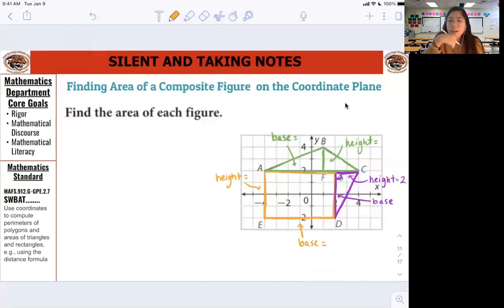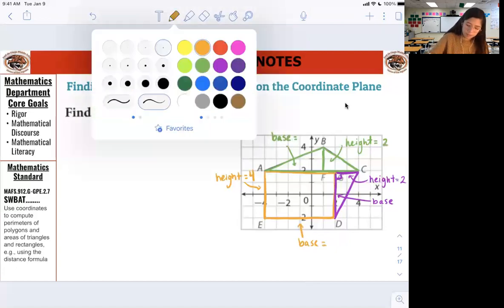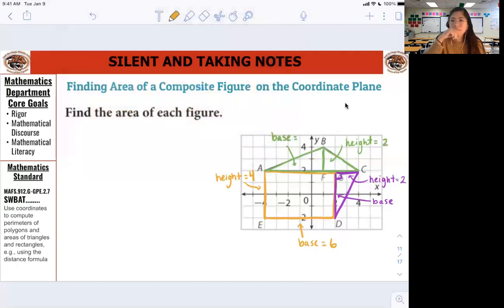Okay, so let's see. AE is 4. Good. BF, where is that? Is 2. Good. ED is 6. Nice job. FC is 3. Okay, yes, FC is 3, Janelle, you're right, but the base is AC.